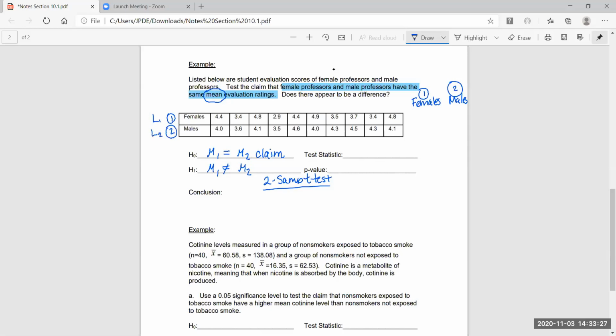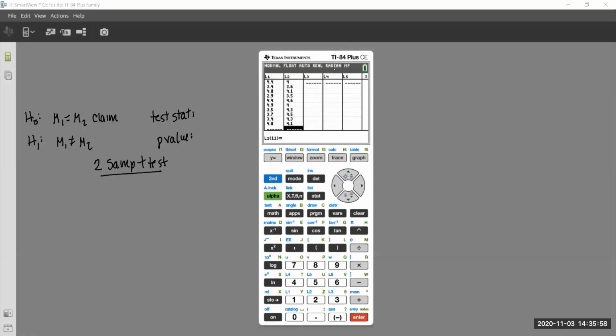And I am going to go grab the calculator so that you can see how we would do this. So right now, list 1 is going to be the data for the female instructors, and list 2 is the male instructors. You can see I took the time to enter the data. Hopefully you did as well. That would save you having to watch me do it.